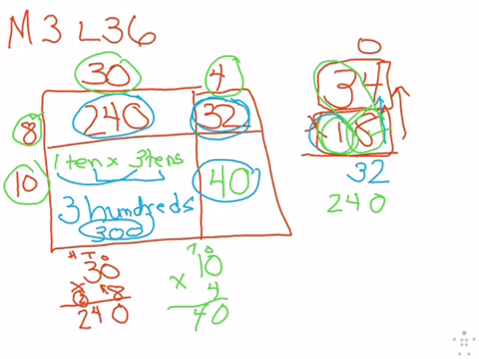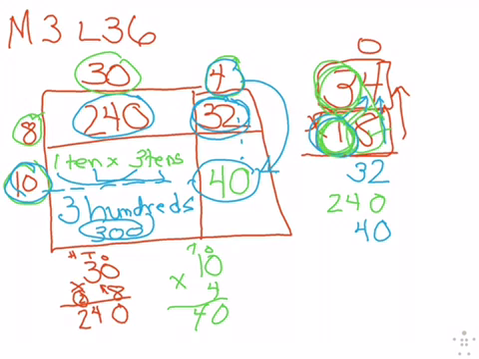And then we did 10 times 4 ones, which we figured out is 40, just like a multiplication chart, over and down. And then we did 10 times 3 tens, which we determined is 300.